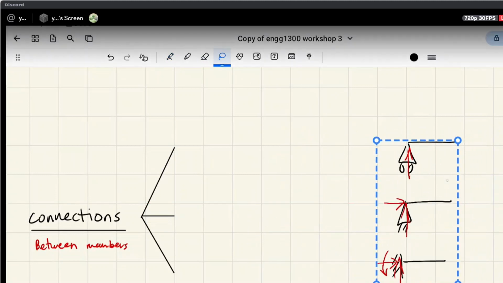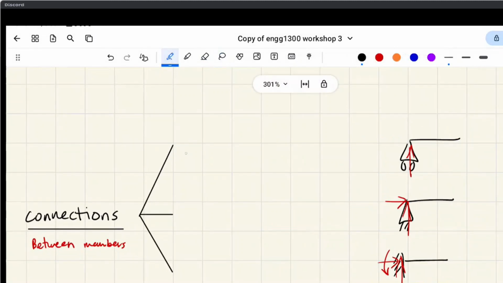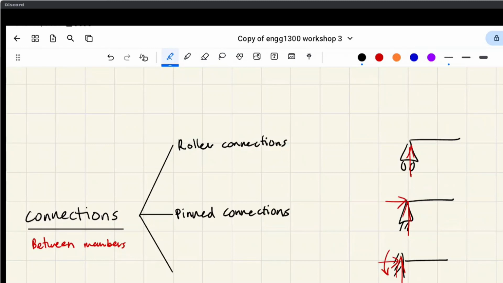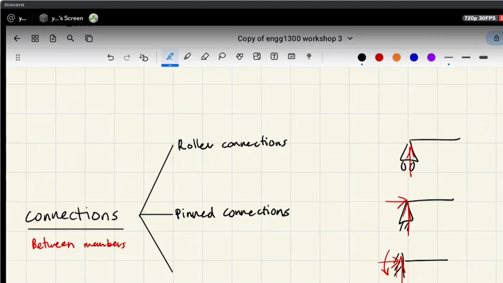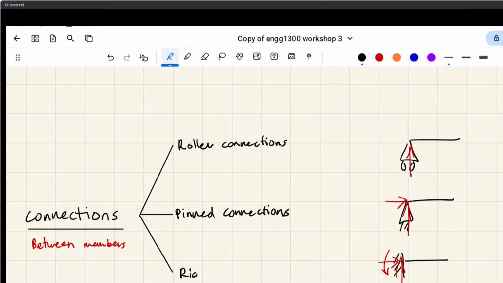Essentially, the equivalents here are roller connections, pin connections, and rigid connections.